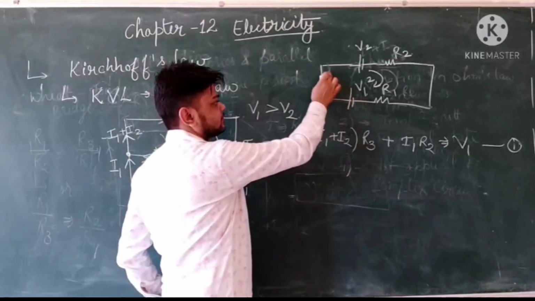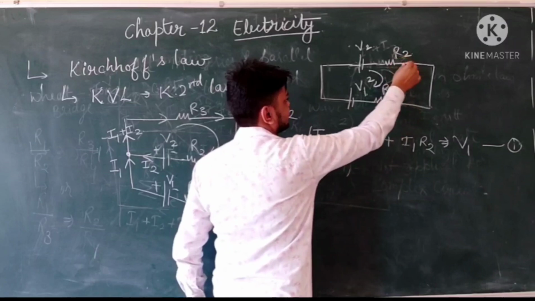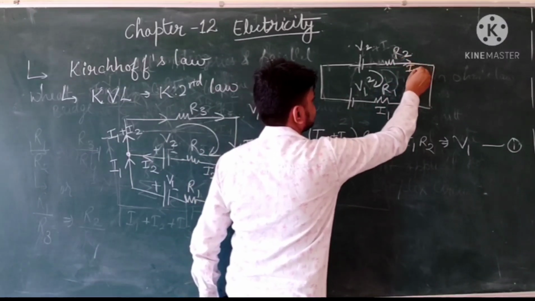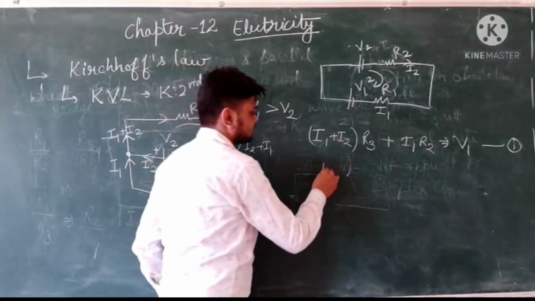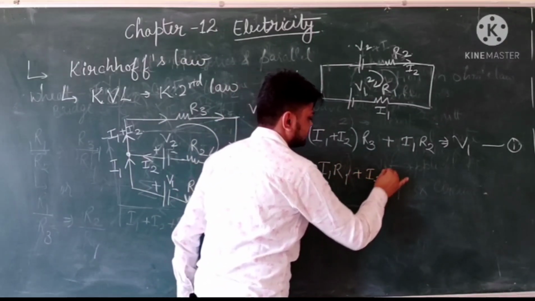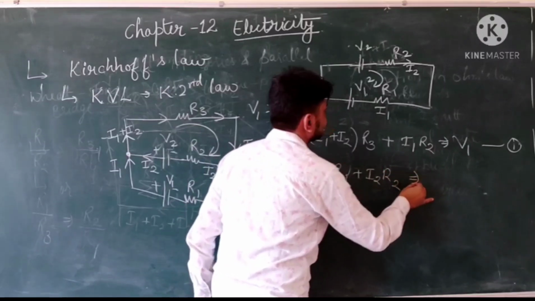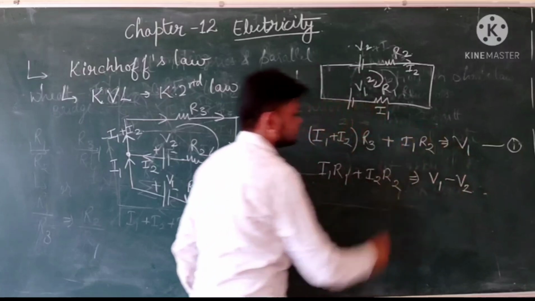Here I have V1 potential, current across R1 is I1, current across R2 is I2. So my equation will come out as I1 R1 plus I2 R2 is equal to V1 minus V2.